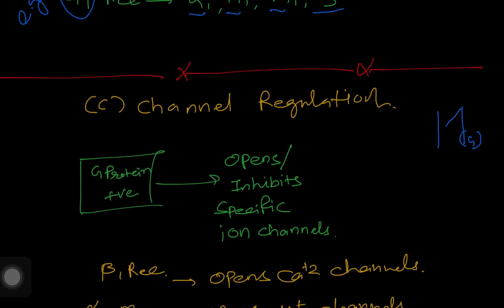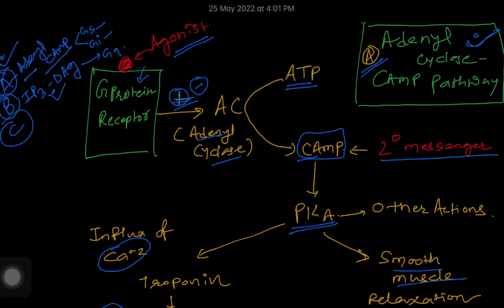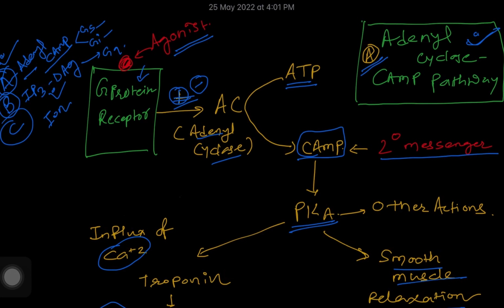Some examples: beta receptors help in opening the calcium channels, and alpha 2 and M2 receptors open the potassium channels. So in three different ways these G protein coupled receptors produce their action. Now we have completed our first receptor, that is the G protein coupled receptor.